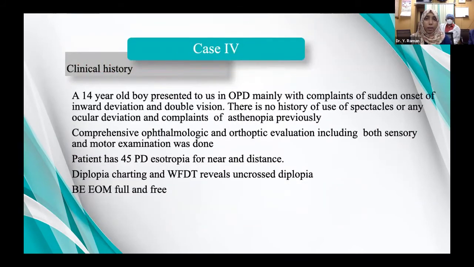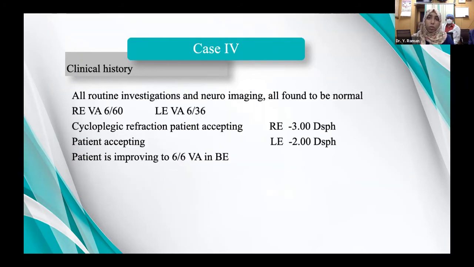In yet another case, a 14-year-old boy presented to us with complaints of double vision and inward deviation. Comprehensive ophthalmic and orthoptic evaluation was done. On refraction, with -3 in the right eye he improved to 6/6, and in the left eye with -2 diopter spherical he improved to 6/6.